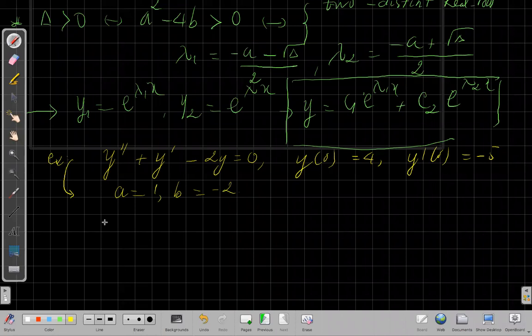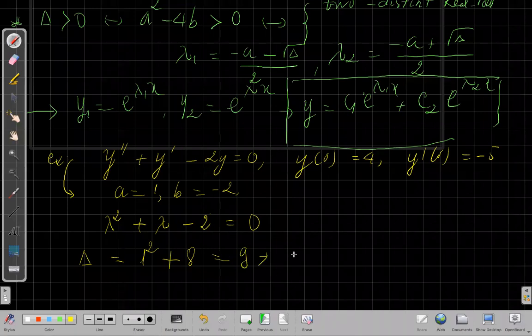So the characteristic equation is lambda squared plus A lambda plus B equal to 0. So we have delta equal to 1 squared minus 4 times minus 2, that means delta equal to 9.